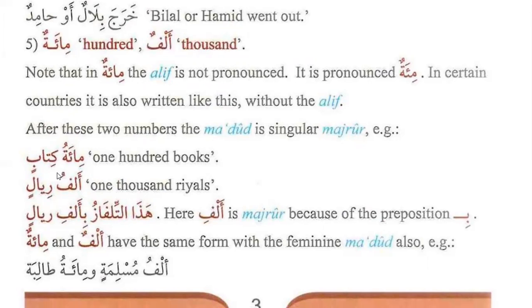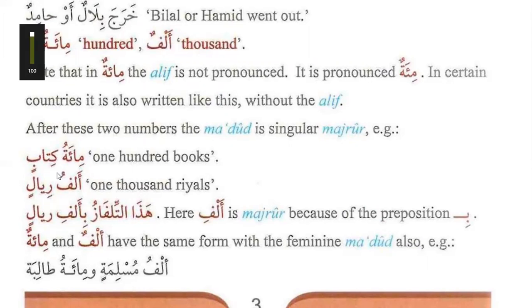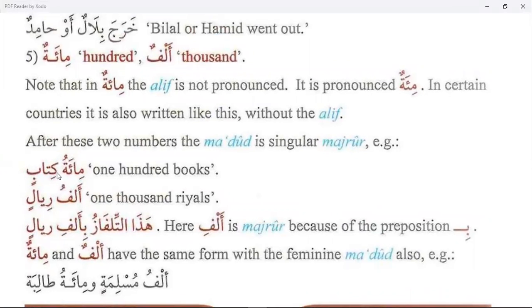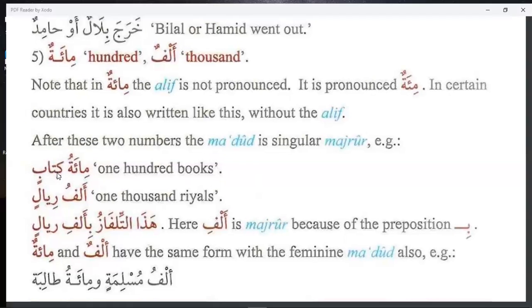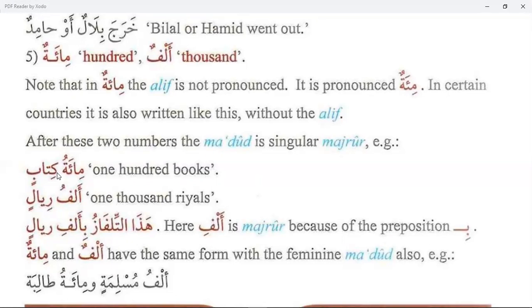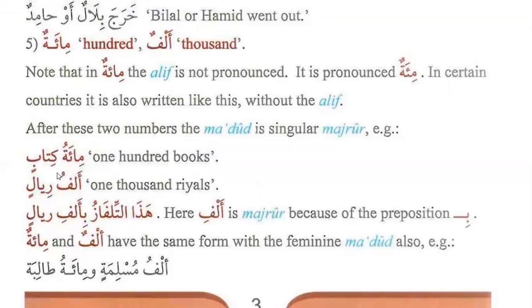Okay. Miss Swan, I can't hear you. Mi'atun is 100, alfun is 1000. Note that in mi'atun, the alif is not pronounced.